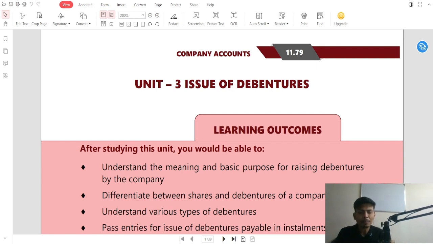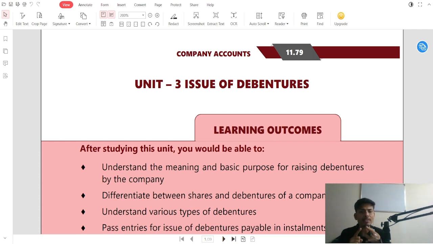So see, what is a debenture? In a gist, it is the amount of debt capital raised by the company from the public by issuing a certificate called a debenture certificate. So debenture is nothing but a loan capital, simply a loan capital raised by the company.